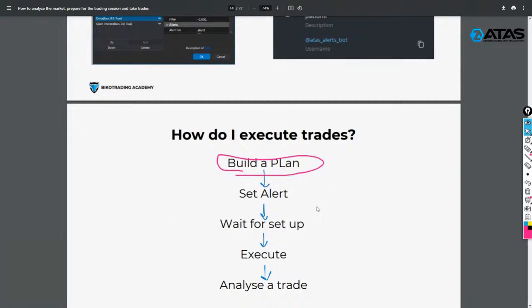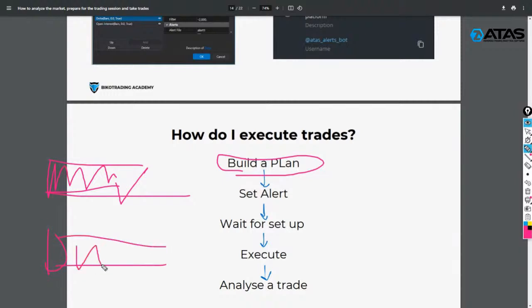Okay. After that, when you have clear patterns that you trade, for example, you have value and you understand, if price reaches value area low, here you can take a fake out, depending on a precondition, or you would trade a breakout from value. But what's the difference between a breakout from value and a fake out?